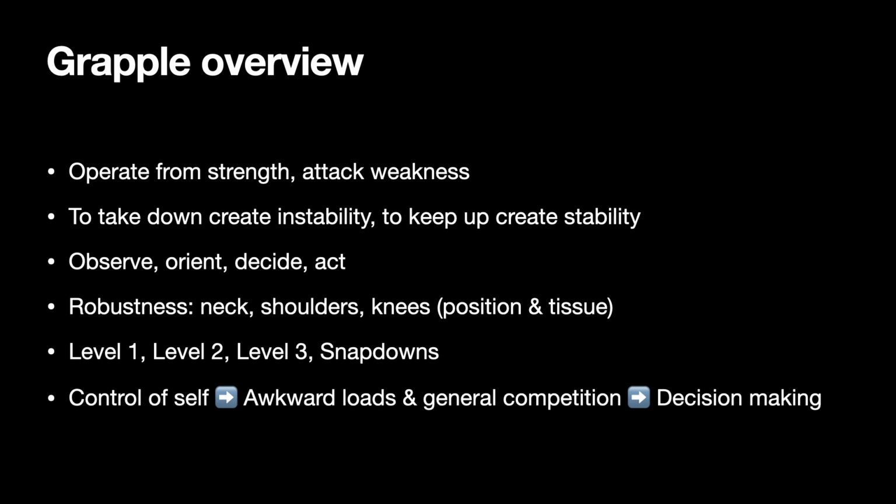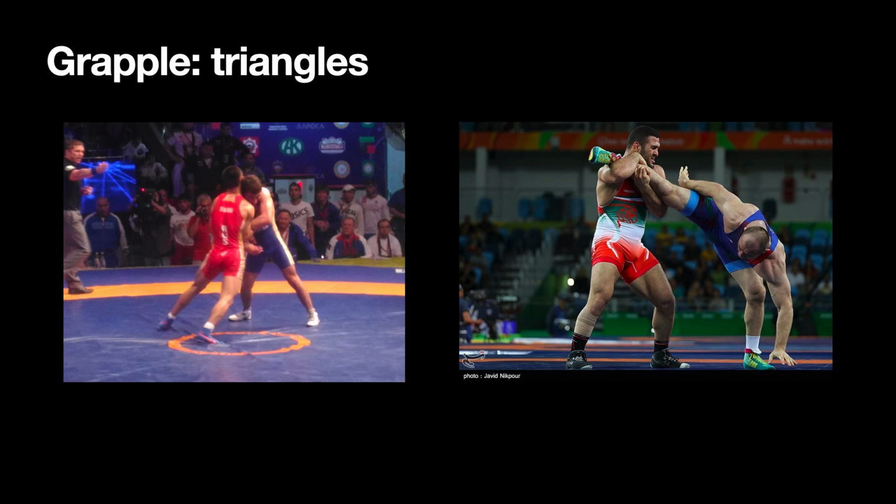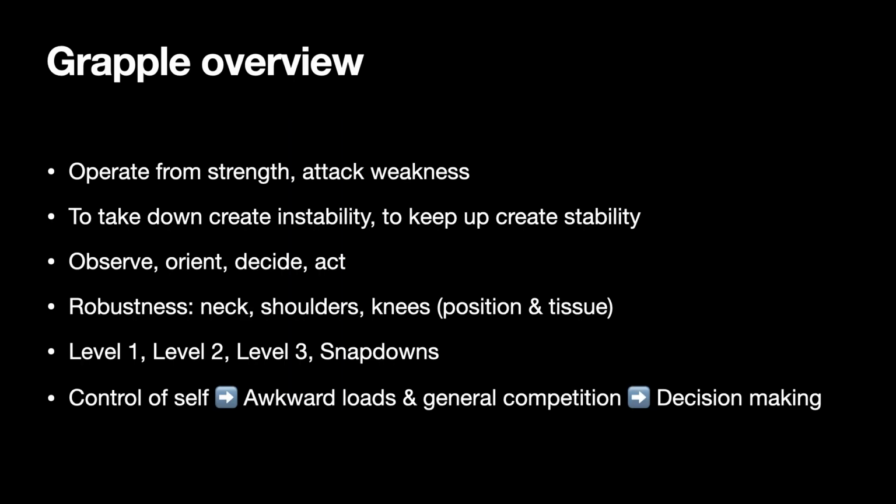And when we talk about taking people down, if we think again about triangle shapes, one of the strongest shapes in nature is this pyramid shape that you see right here in wrestling. So hips inside knees, knees inside feet, a low center of gravity, a wide base of support, being heavy, either anthropometrically or just in your body position.